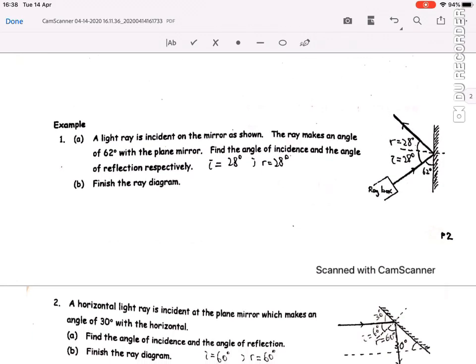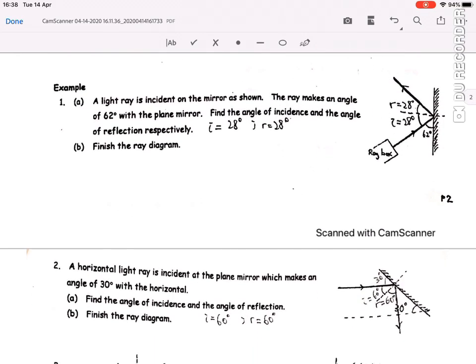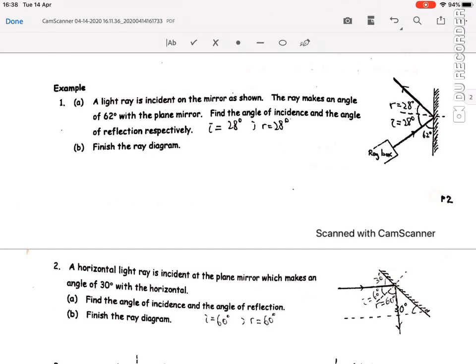Now, in here, let's take a look at page 2, the bottom part on the first example. If you take a look at example 1 here, a light wave is incident on the mirror as shown.